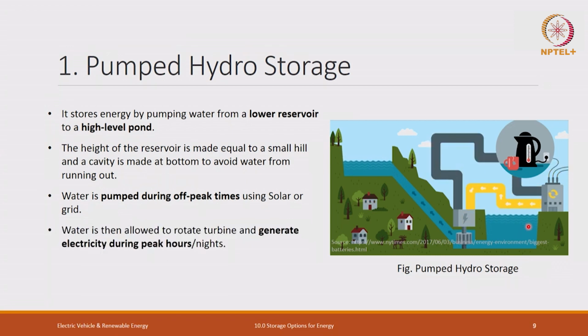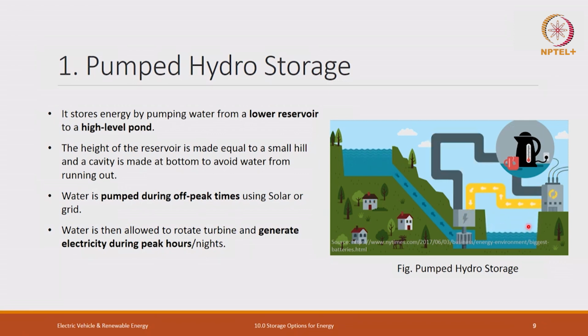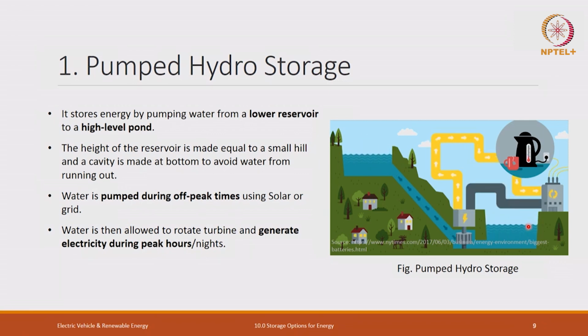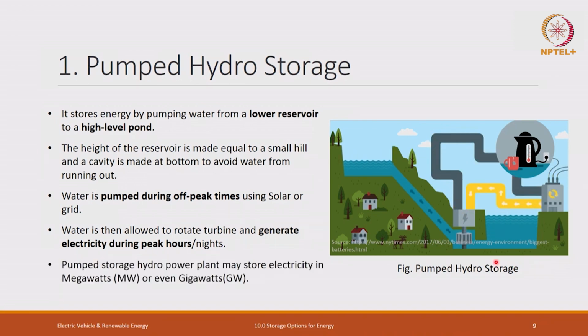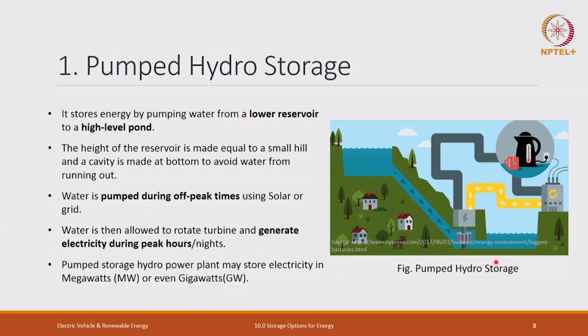Now whenever you have demand, at that time you generate electricity by running it through the turbine in generator mode. So that's about the pumped hydro system. Generally it is economical when you go for gigawatt-hour storage. At a small level it won't work out; the economics don't work out well.